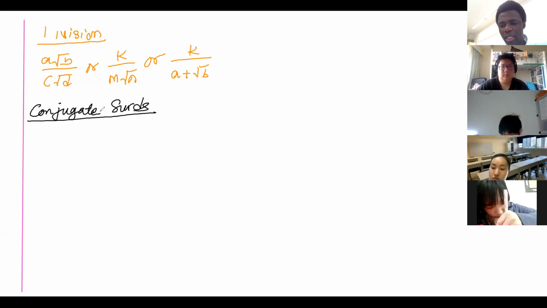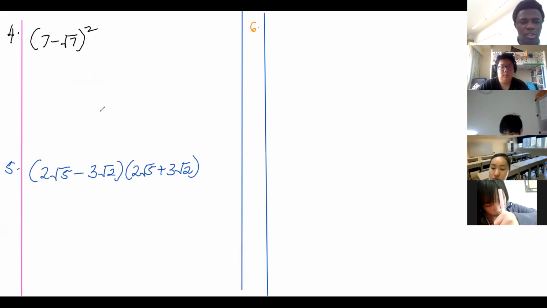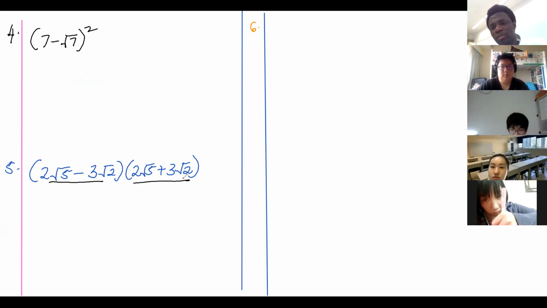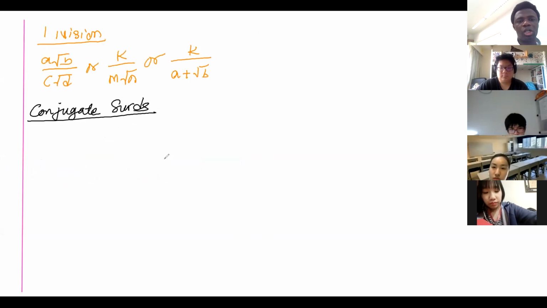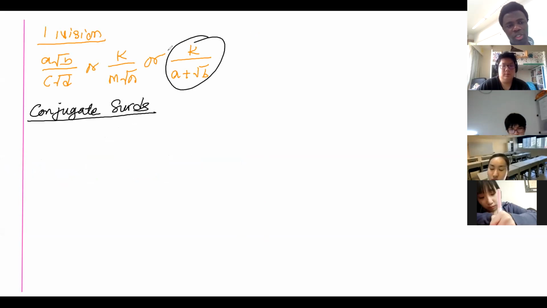You have actually heard about them because you just did them. These guys, they are conjugate surds. They are surds with the same terms, but just opposite sign in between. So when we are dealing with the division of this form, we refer to conjugate surds.